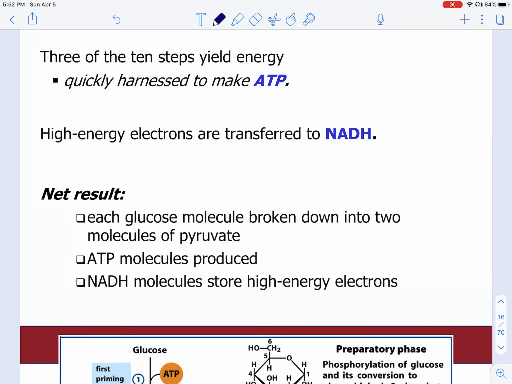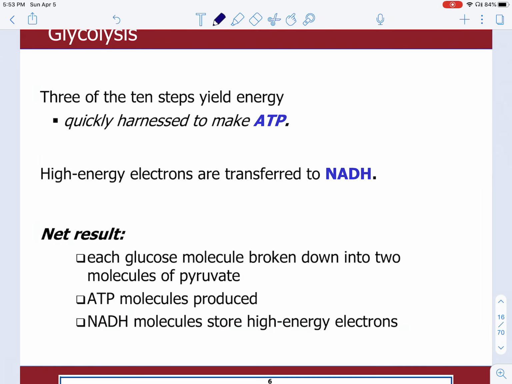So 10 steps in glycolysis. The net result, 2 molecules of pyruvate, 2 molecules of ATP net, and then 2 molecules of NADH.